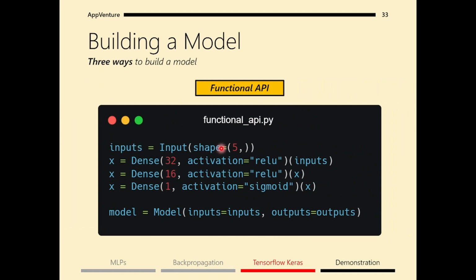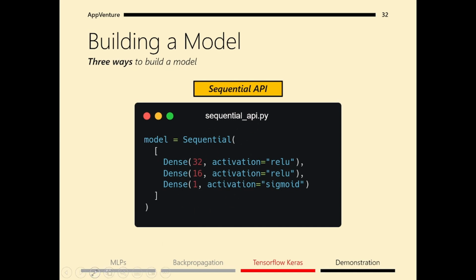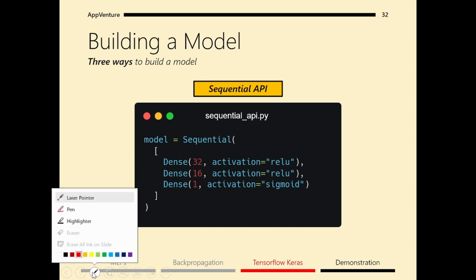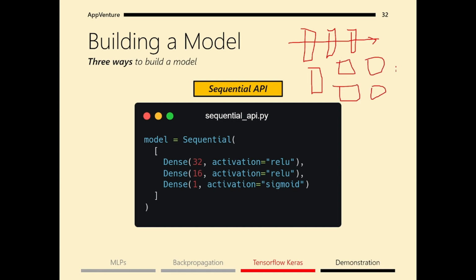Whereas this would be the functional API. This is a lot more flexible because, unlike the sequential API, where we just go through the layers in sequence, with the functional API you can, for example, have something that looks like this.